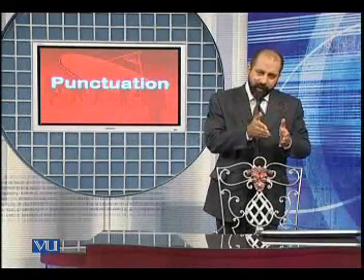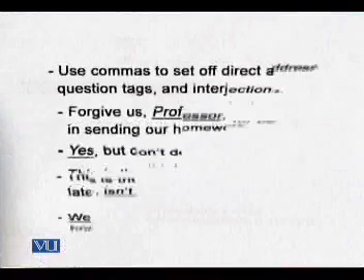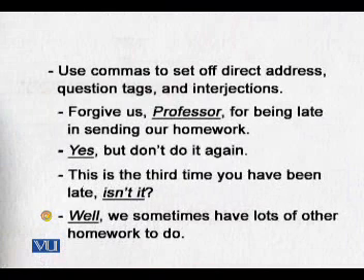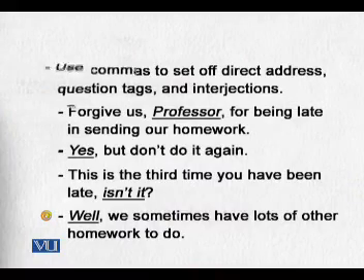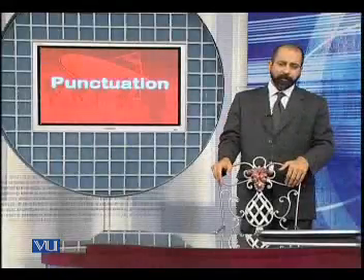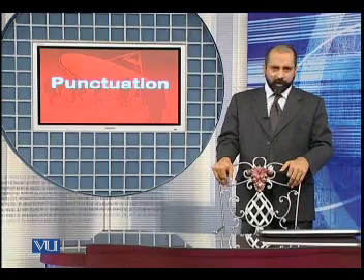Before isn't it, we put, of course, a comma. And the third thing I talked about, interjections, when we use them in our sentences. Example: well, we sometimes have lots of other homework to do. Now, after well, you put a comma. So this is another way of using commas.